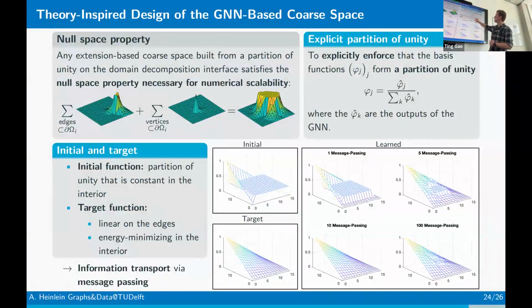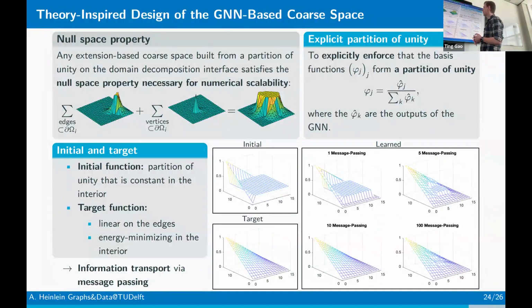So before we plug this into our loss function, we compute such an average operation to make sure that the sum of all the basis functions we learn actually gives us 1. Okay, so that's something we can explicitly ensure by just taking the prediction and dividing by the sum of all predictions. So if you sum them up, they will always give you 1.